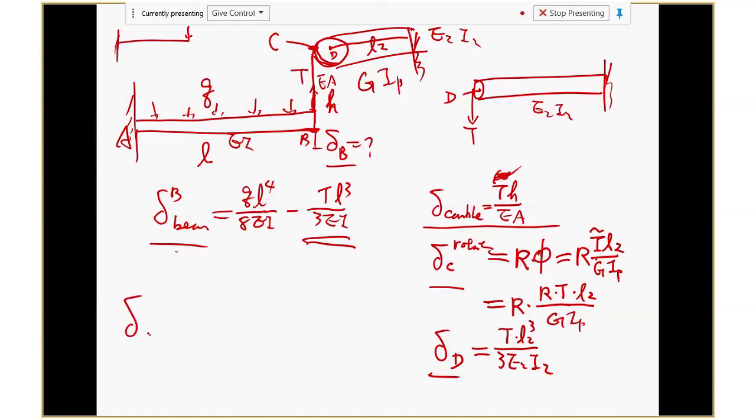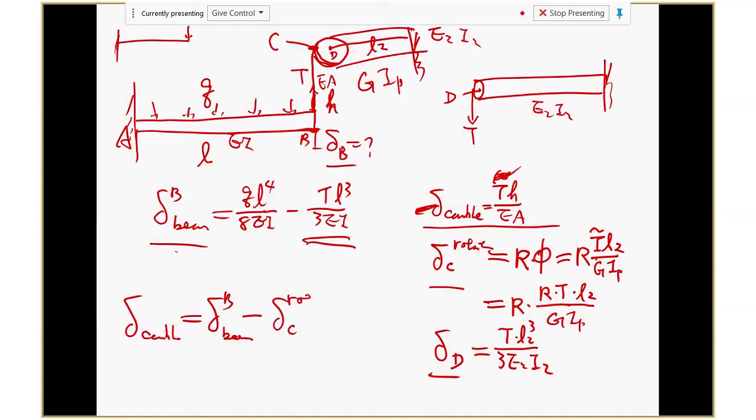All right. So let's write down here. So your elongation of the cable, so delta cable, that's this one. So delta cable is supposed to equal, first, from the beam, delta of the beam at the point B, right? And then, what else?